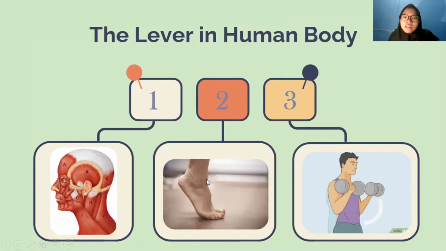The second one is when we extend our foot by tiptoeing. This is the fulcrum area, the middle is the load area, and this is the effort area. And the third class is when we lift some weight with our bicep, which is also a lever in the third class. In this area, the force is in the middle.